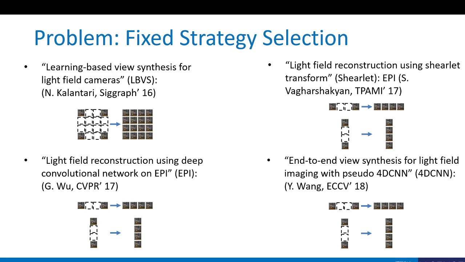For example, the reference LBVS uses 4 corners to generate a complete light field, but it doesn't discuss the possibility of applying other strategies, such as along rows and columns. Meanwhile, other row-wise and column-wise based papers also don't mention the impact once they change the order to process rows and columns.